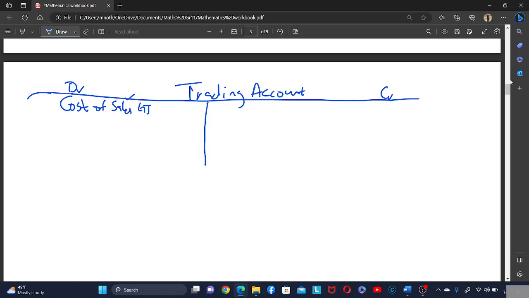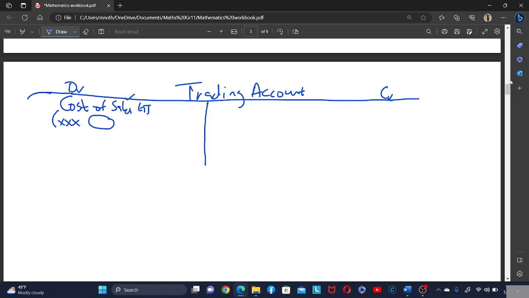If there is a transaction in the adjustments affecting the cost of sales, you will come here to the cost of sales and open the bracket, start with the amount that is given in the trial balance, and then record the one that is in the adjustment.